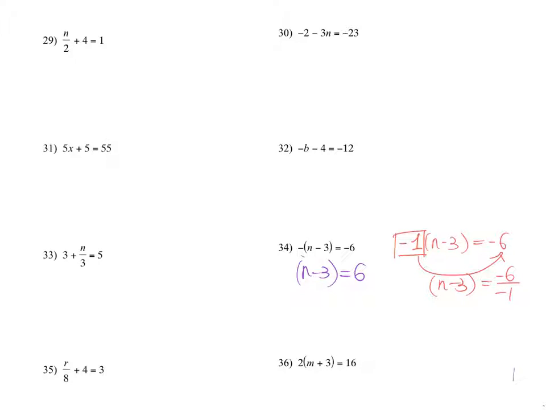So now I have the exact same problem as my purple ink, right? So again, in the purple case, in here, I don't need the negative 3. So I'm simply moving the 3 to the other side, but flipping the signs. So my n should equal 9.